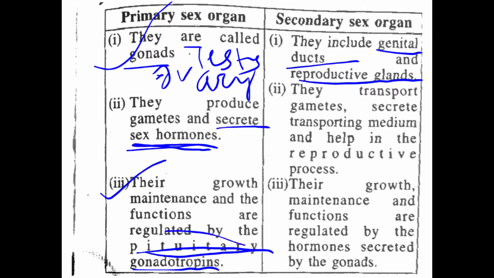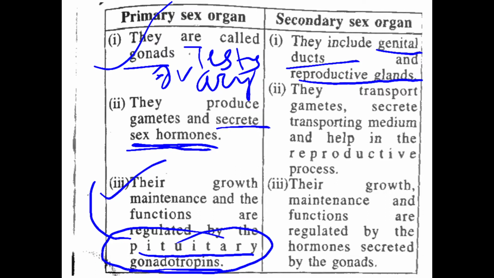Okay, this is the main point, that this controls the entire reproductive capacity of humans. Because of these pituitary gonadotropins, the maintenance, growth and functions of gonads are regulated, and due to that, the reproductive capacity of humans is established.